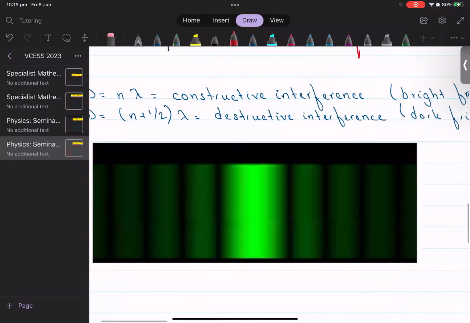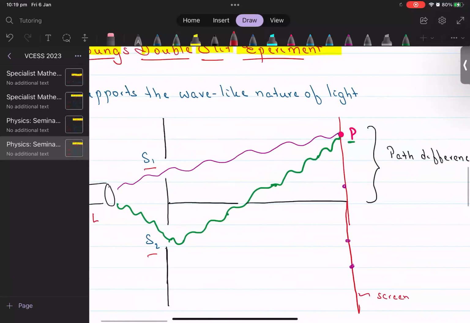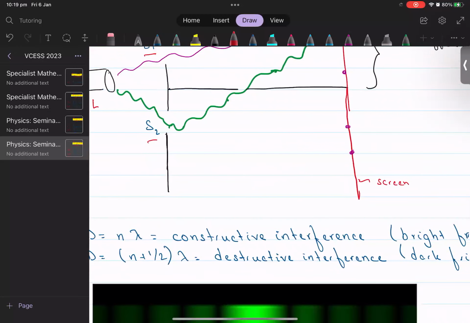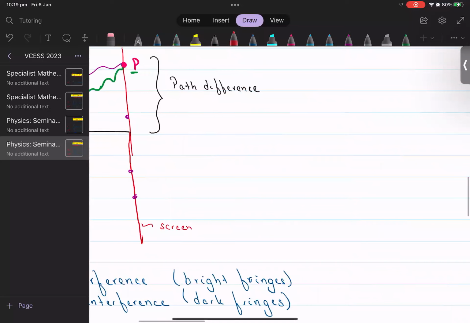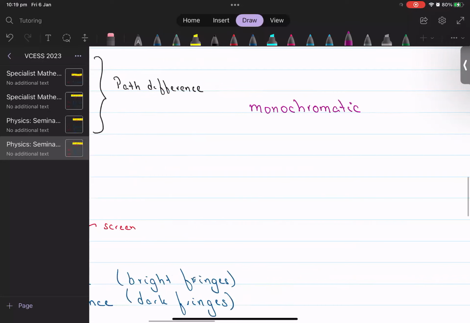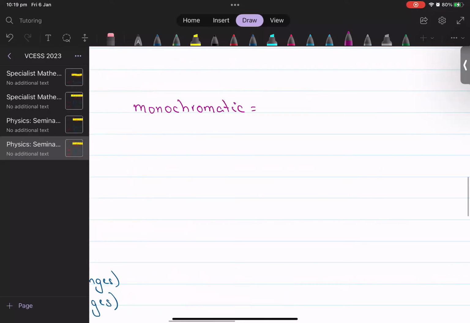If we did this double slit experiment with what's called monochromatic light, monochromatic meaning just one color, it's important that this has to be monochromatic light because we don't want to mess up our wavelengths.